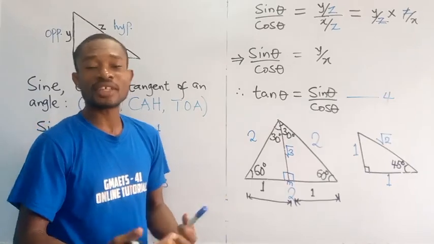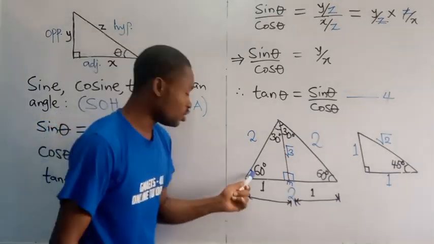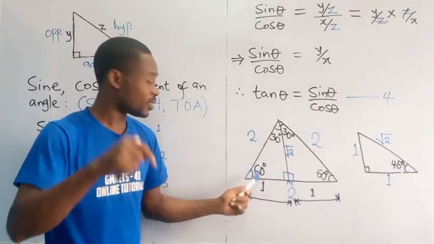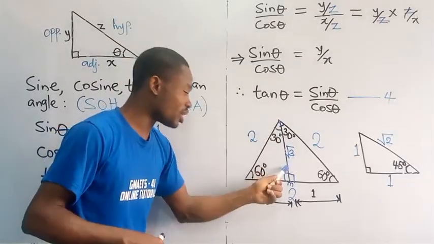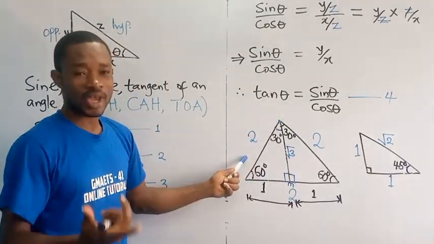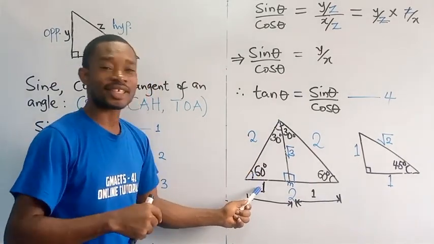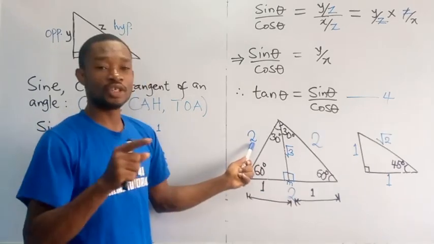Now, talking about sine 60 and cos 60, for cos 60, you locate 60 degrees. With this 60 degrees, this perpendicular height becomes the opposite, automatically leaving us with this base as what? The adjacent. And of course, we have our hypotenuse as usual. So cos 60 will be adjacent 1 over hypotenuse 2.